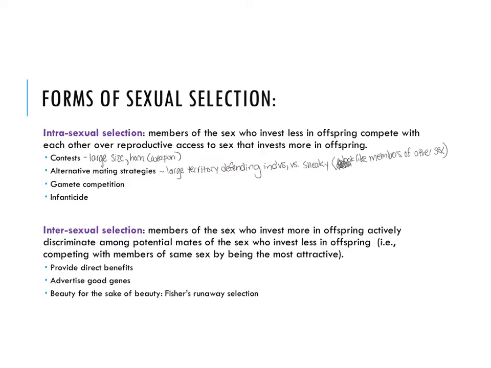Gamete competition is competition between the gametes of individuals of the same sex to fertilize a set of gametes of the other sex. And so that can lead to traits like producing more gametes. Or it could lead to copulatory plugs.